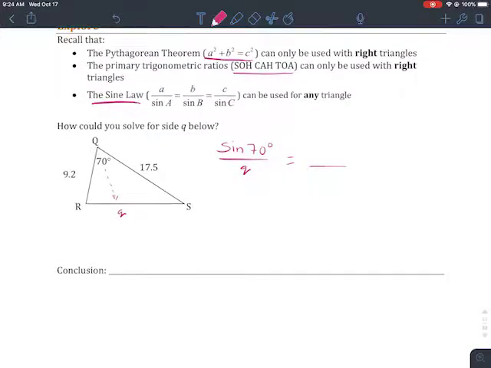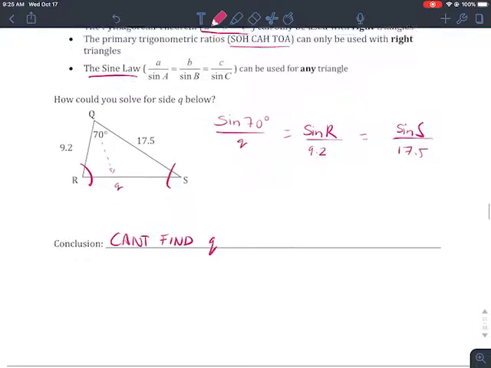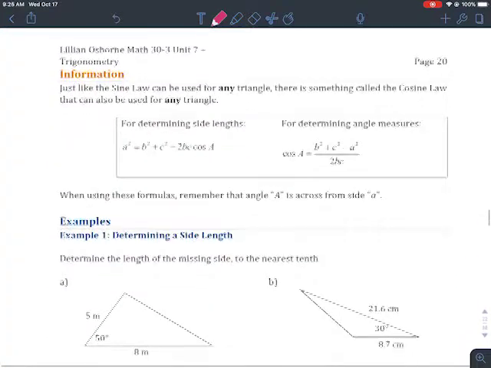Now I run into a problem with my other two fractions because sure, I have two side lengths, 17.5, but I don't have angles to put in for sine. I don't have angle R, I don't have angle S, which doesn't help me, and I have no way of finding them. So here, we can't find Q with all of the things I currently have in my toolbox. I have to look at something else, which is where the cosine law comes in.